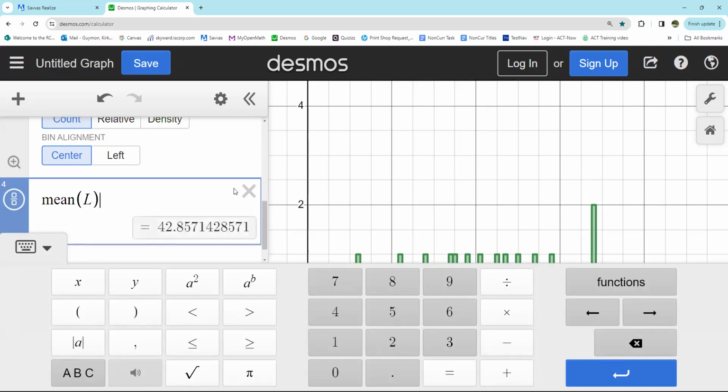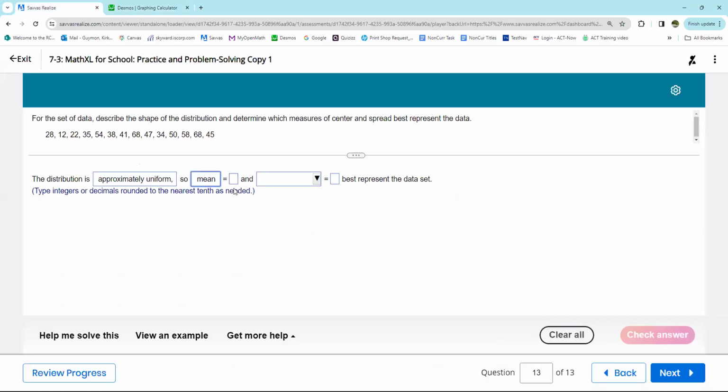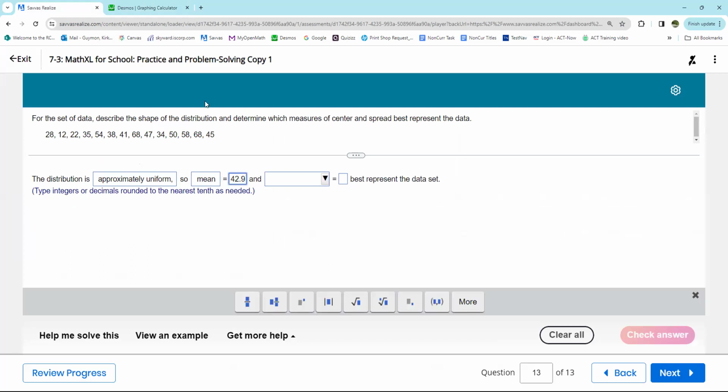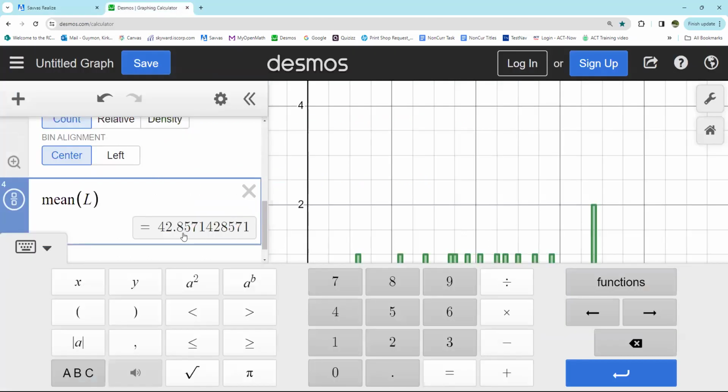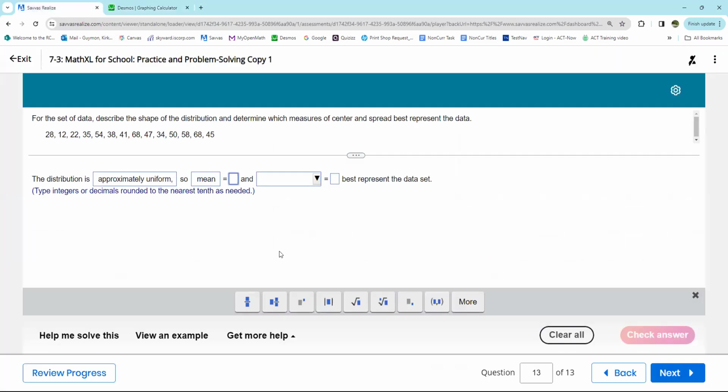So 42.857, and they went to the nearest 10th. 42.85 would be 42.9. Sometimes it won't let us check the answer until we put everything in. So again, to the nearest 10th, that was 42.9.